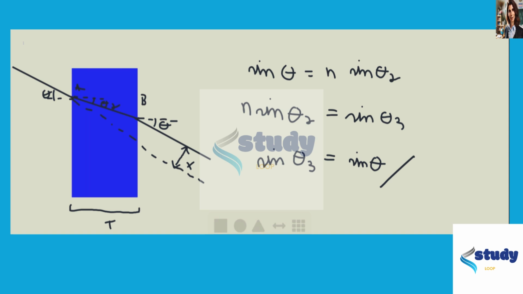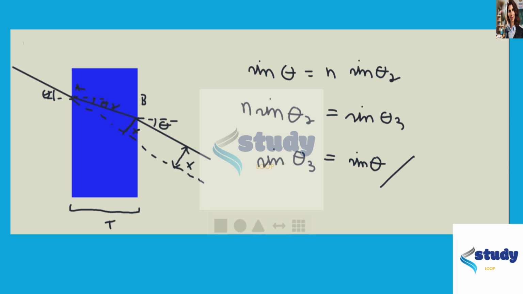Now we wish to derive an expression for x in terms of theta. We can draw this small triangle here where the base is the distance x, and use trigonometry to find out what this distance x is for small angles.